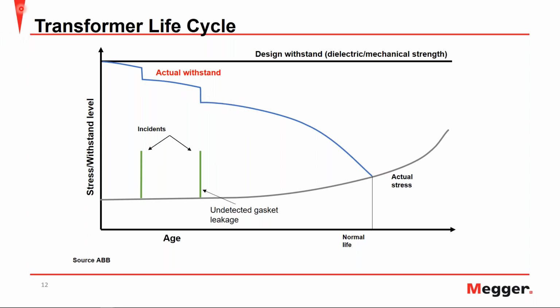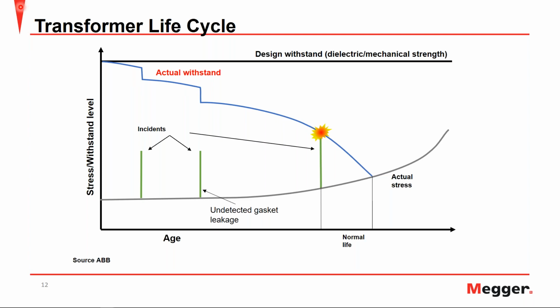And there are 3 cases that can happen here. One, you can get pretty lucky and have normal life. Or, if an incident happens towards the end of life, you'll have an abrupt failure. You can see that the withstand is lowering. We have this incident, could be a fault or something, and now all of a sudden we've caused a failure within our transformer.